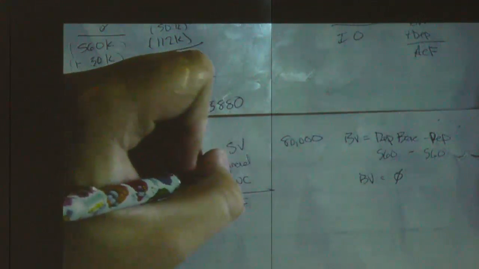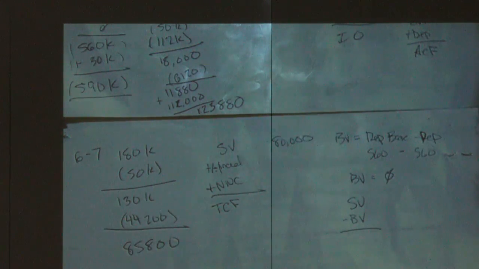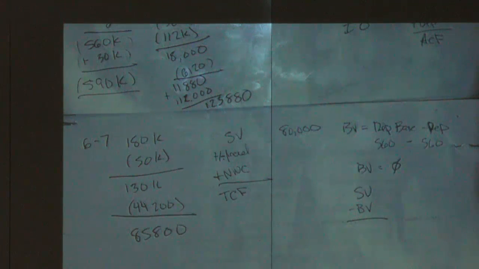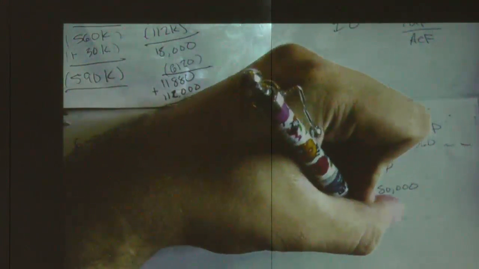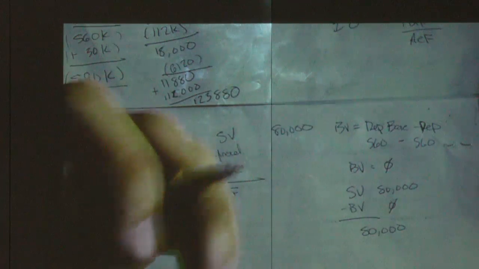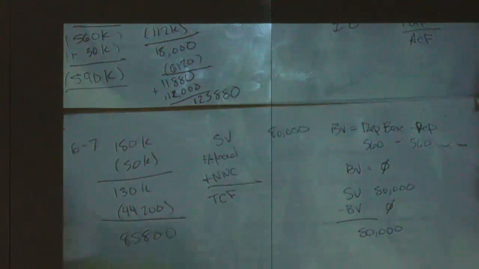Now for you to find the proceeds, you have to do salvage value minus your book value, and that's going to give you whether you have a gain or a loss. In this case, we're selling it for 80,000 and it's worth 0. So technically we have a complete gain of 80,000. But you have to subtract the tax from that gain. So you're going to do 80,000 times 34%.